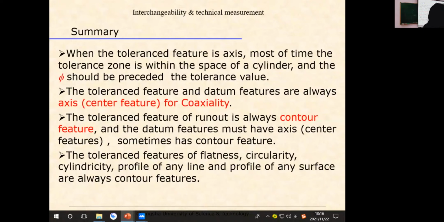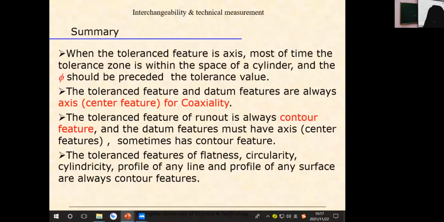The tolerance feature and the datum features are always axis or center features for coaxiality. The tolerance feature of runout is always a contour feature. The contour feature, there is no datum, right? And the datum feature must have an axis.